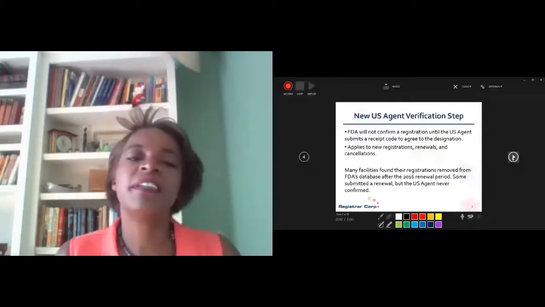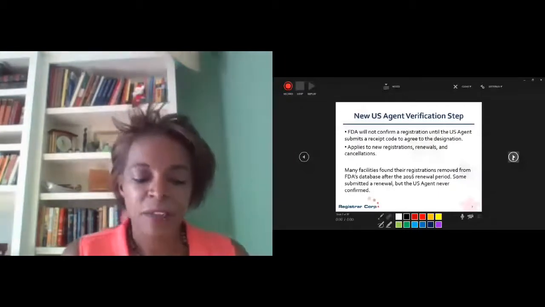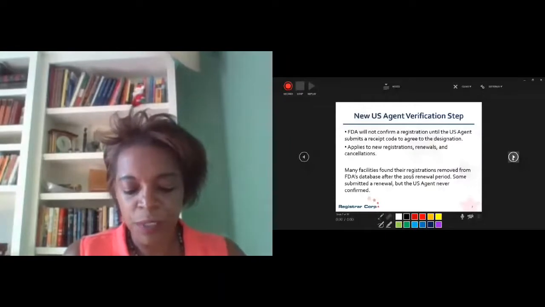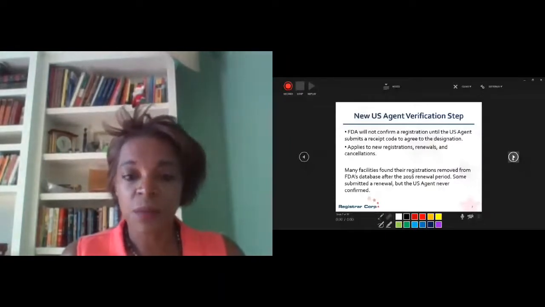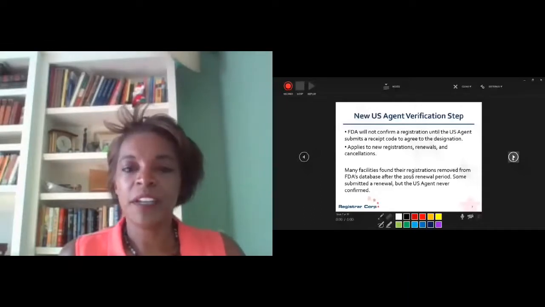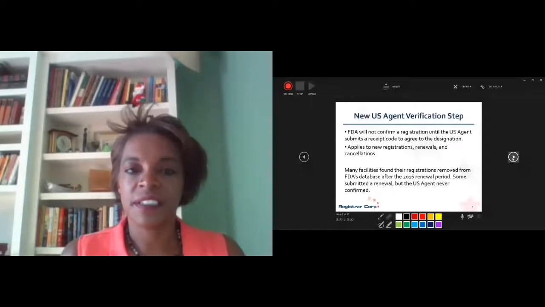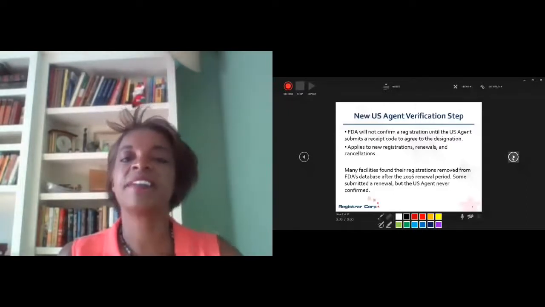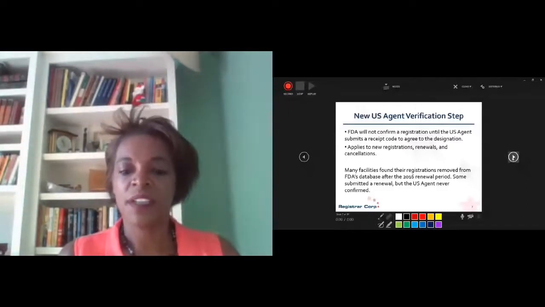Now, there's another step that FDA added. First it used to be that you would register and you were registered for life. But now you have to register and you have to renew. The additional step is that if you are a foreign facility and you're registered, then you have to designate a U.S. agent. And FDA will not confirm your registration until the U.S. agent that you've selected inside of your registration has confirmed the designation. What does that mean?